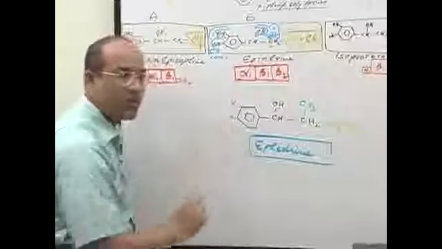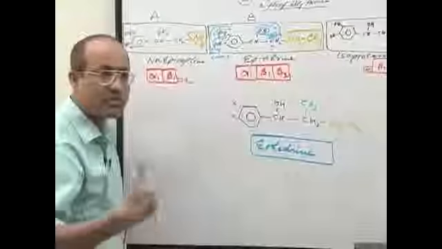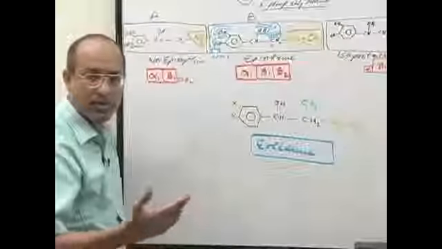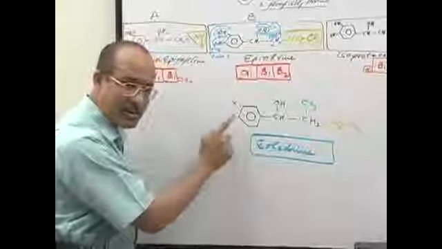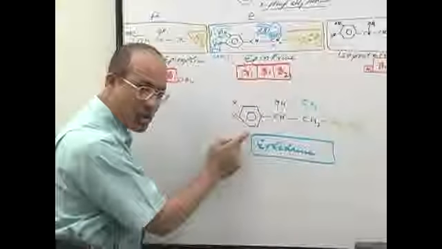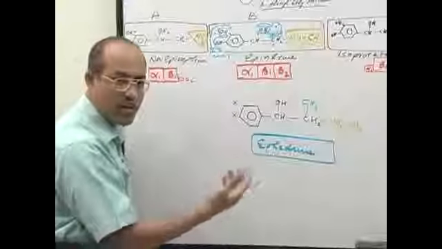So this compound will not be destroyed in the GIT or in the liver. So the duration of action of the drug will become more, and oral bioavailability of the drug will also become more. So it can be better absorbed orally, because it is not destroyed by COMT in the GIT or liver. So oral bioavailability is more.